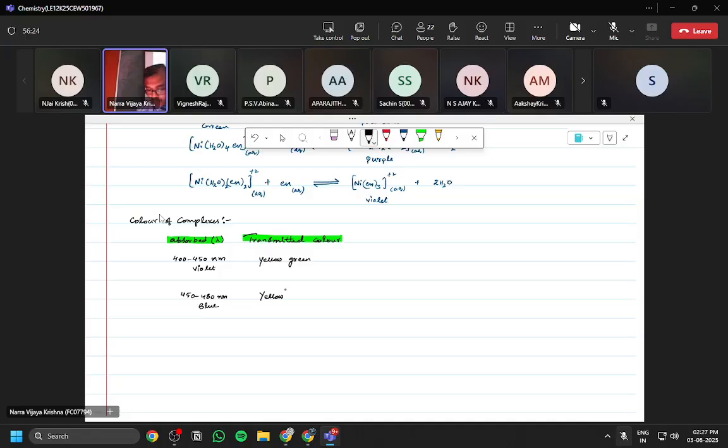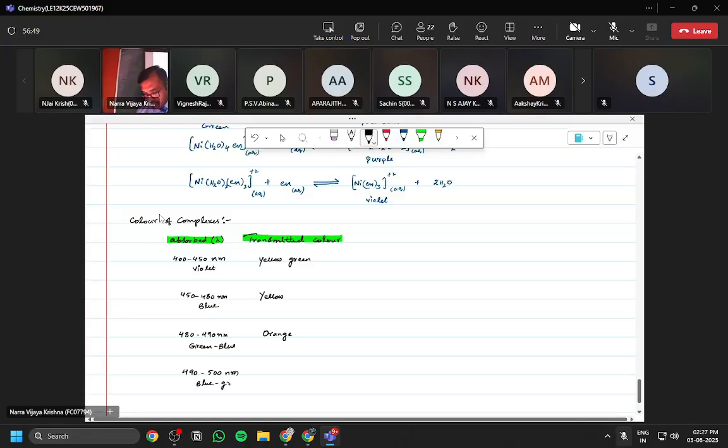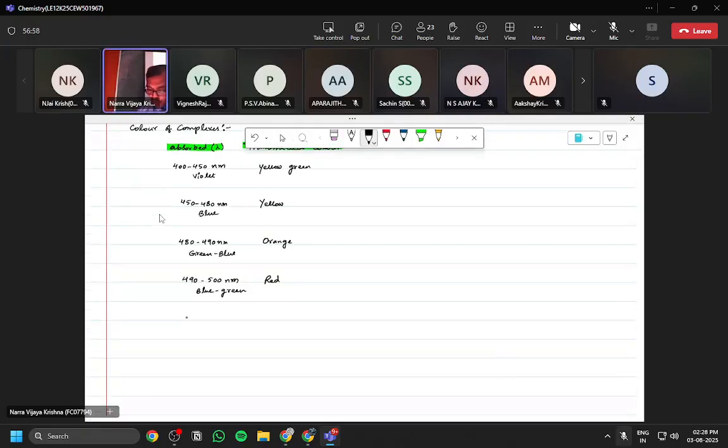Yellow. 480 to 490 nanometer, greenish blue, complementary color orange. 490 to 500 nanometer, blue green, then it is red. 500 to 560 nanometer, green, complementary color violet in brackets, almost purple.